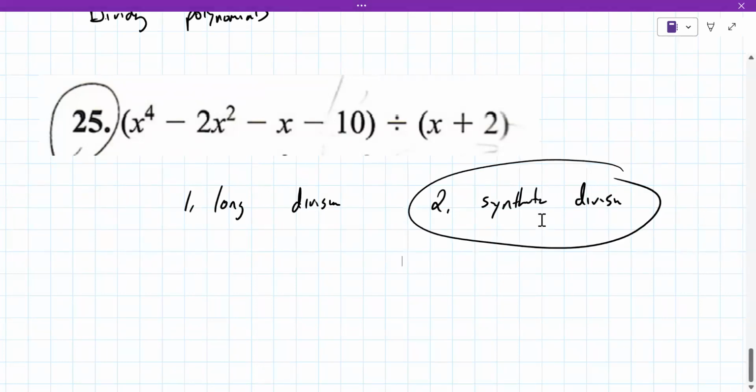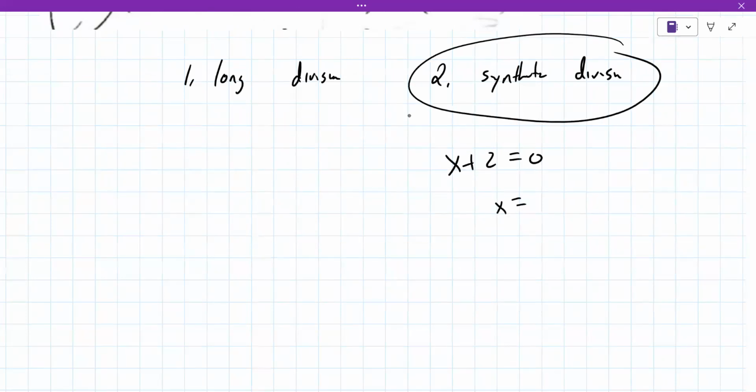Yeah. So the way you do synthetic division is you first set this x plus 2 equal to 0. Can you tell me what that becomes? -2. So -2, and that goes in the box.